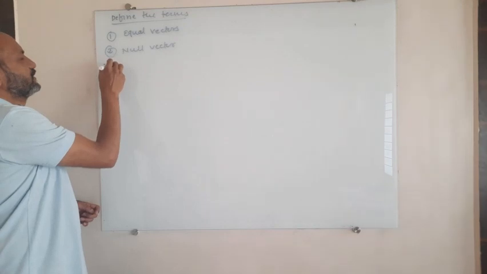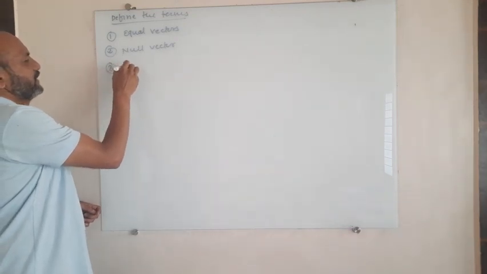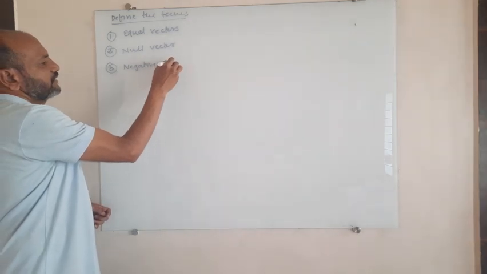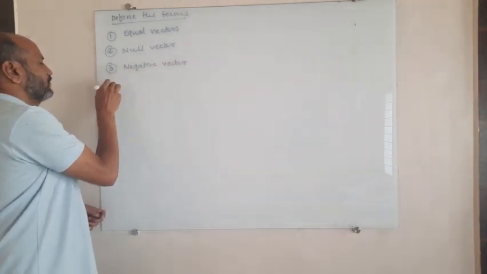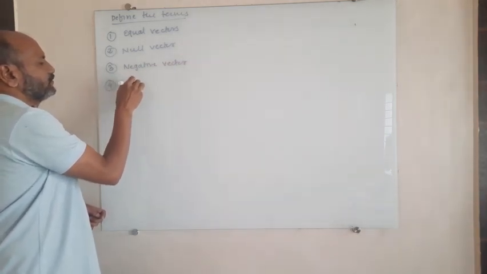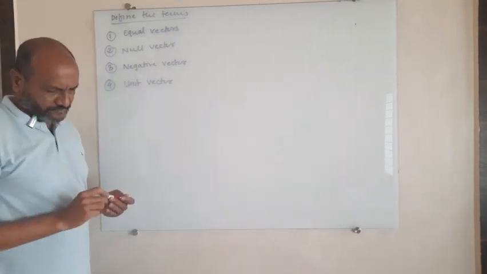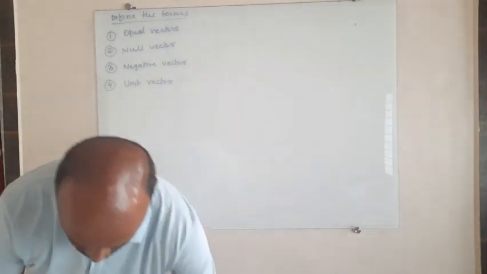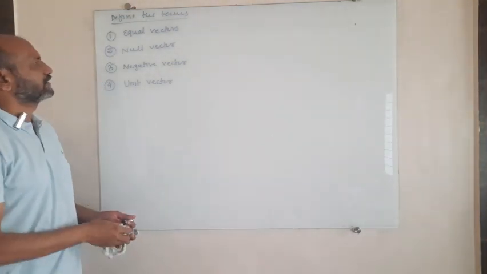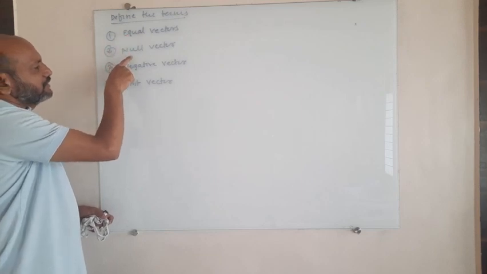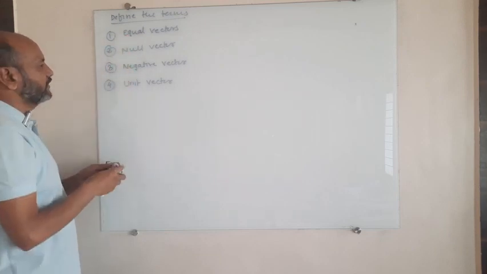Number three, negative vector. And number four, unit vector. Now listen one by one. First we are discussing equal vector, null vector, negative vector, unit vector.